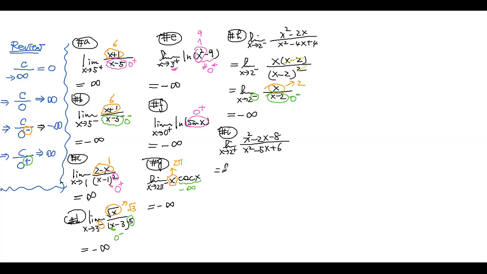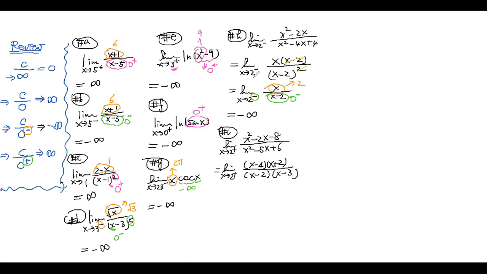Let's simplify it a little bit. Let's try to factor. The top will be x minus 4 times x plus 2, correct? The bottom will be x minus 2 times x minus 3, right?